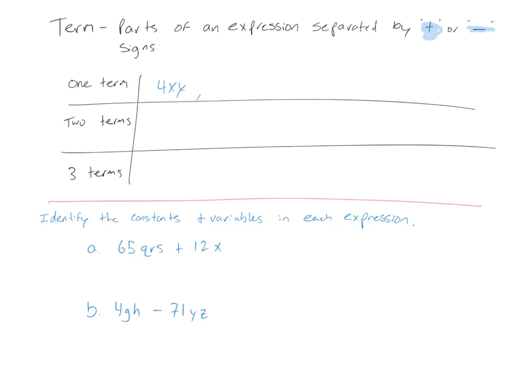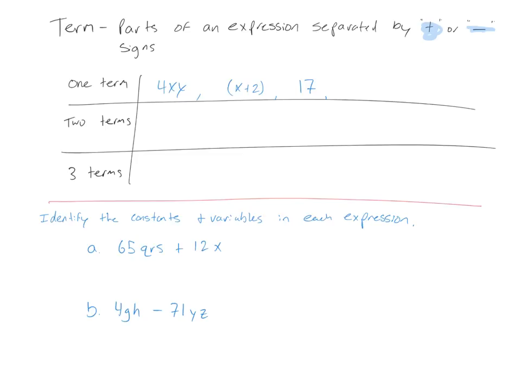Another example would be x plus 2. That'd be just one term because they're being grouped together with those parentheses. Just a number, maybe like 17. That would be just a single one term. And also fractions involving variables and things like that.